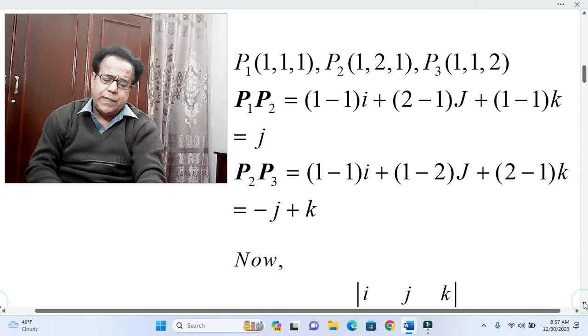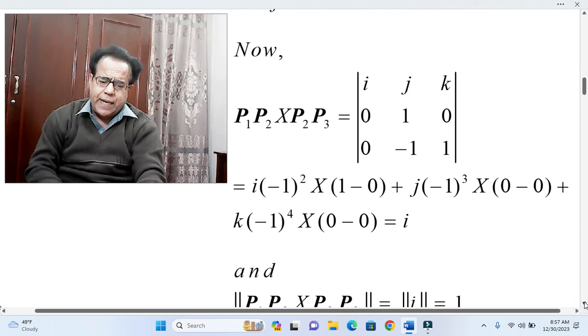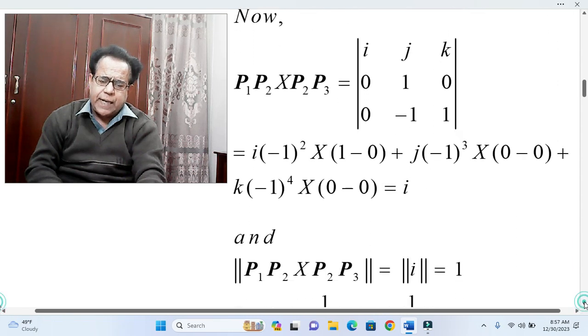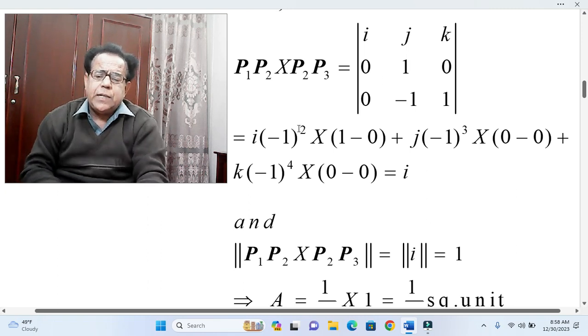We know that the vector product or cross product of these two vectors is taken in this manner: in the first row we write i, j, k, in the second row we write the components of the first vector, and in the third row we write the components of the second vector. We will expand it from the first row.